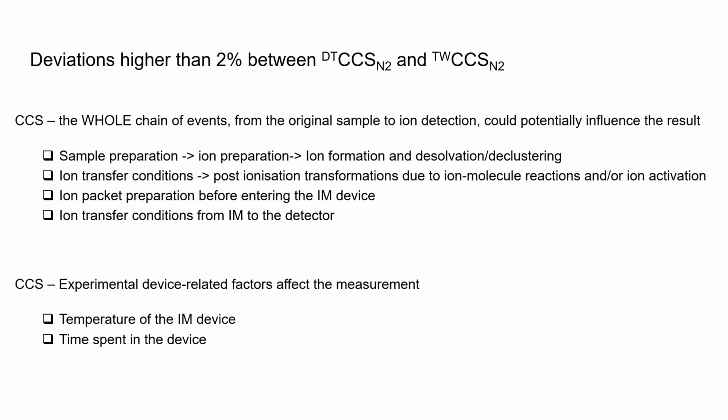Sample preparation, ionization, and ion transfer conditions have an impact on the analyte conformation, and sometimes the low resolution of the current ion mobility technology does not allow to clearly distinguish between two different conformations or between different charge isomers, especially when we consider small molecules.